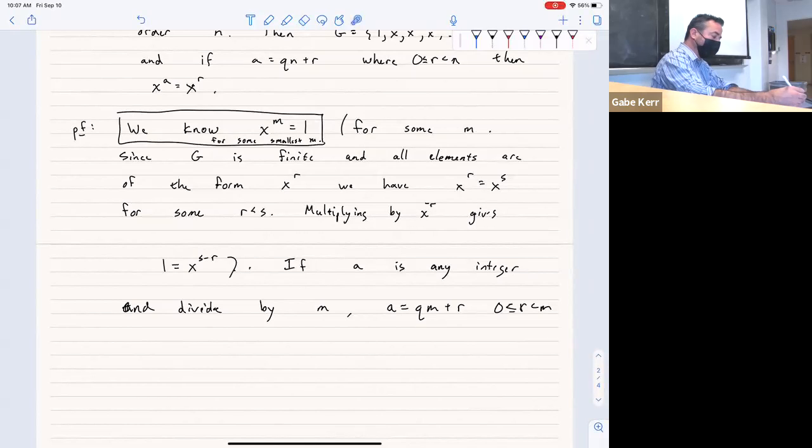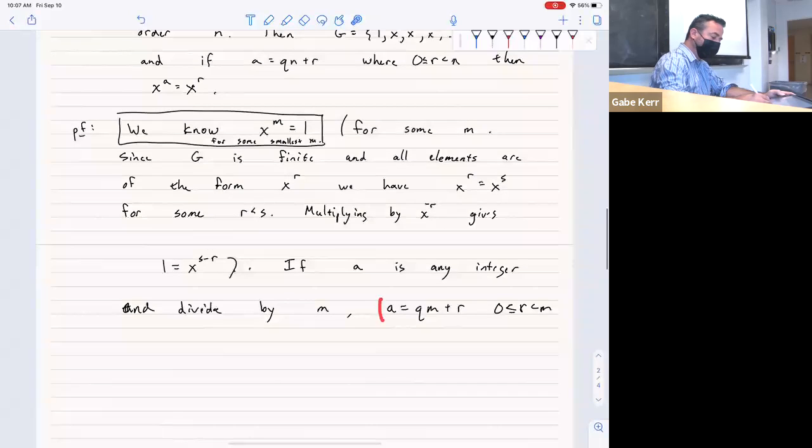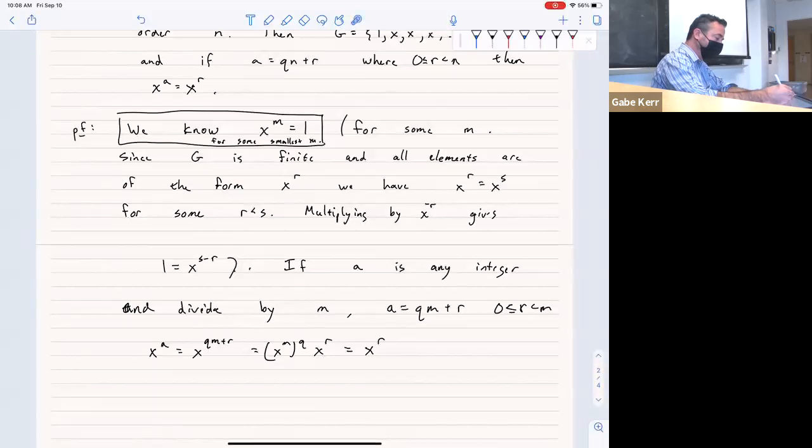So now let's look at x to the a. A could be -2, and this still holds. So x to the a equals x to the qm plus r, which equals x to the m to the q times x to the r. X to the m is 1, so this is equal to x to the r. So this gives us this equality for m.